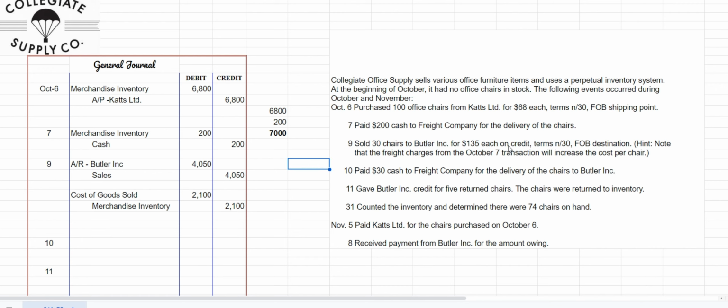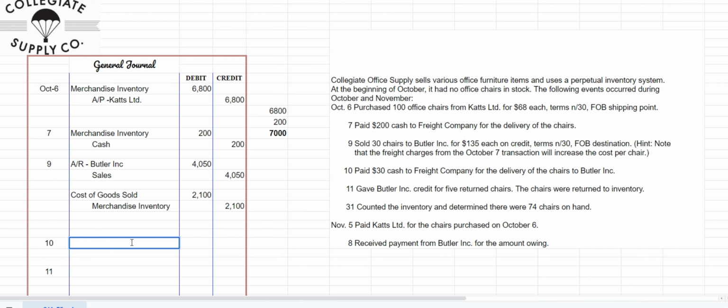And this says FOB destination. So that means the seller is going to pay. And in this case, we sold it to Butler Inc. So again, we have to pay. And on October 10th, it says paid $30 cash to Freight Company for the delivery of the chairs to Butler Inc. So we're not going to debit merchandise inventory because this time we're the seller.